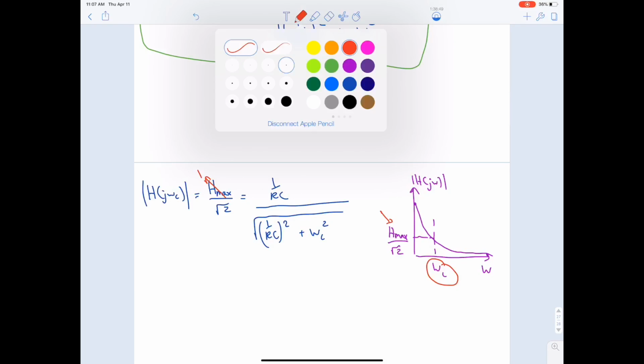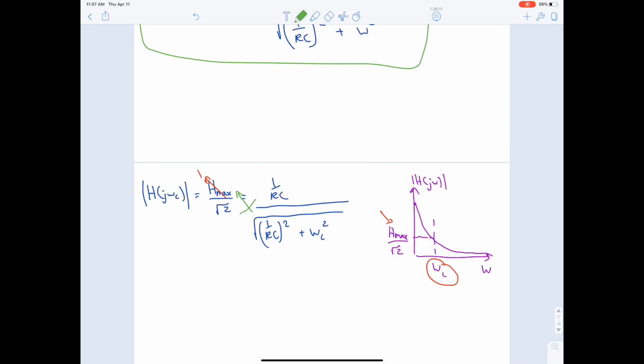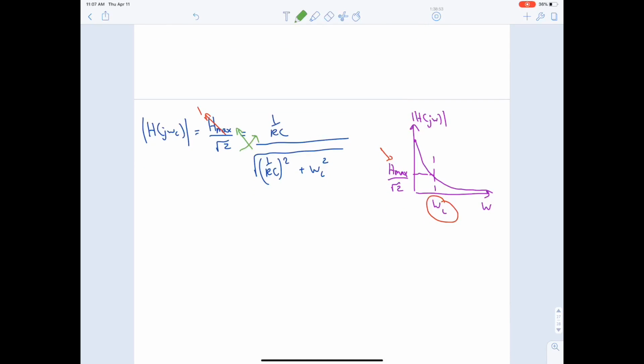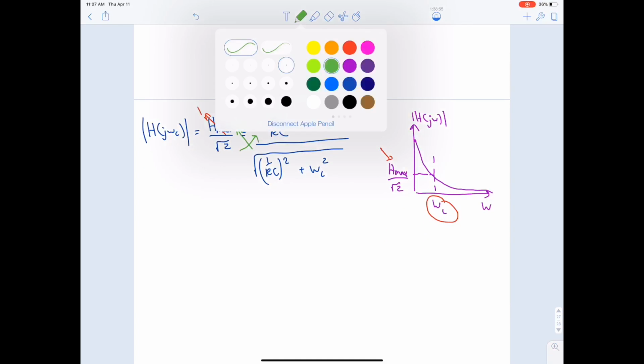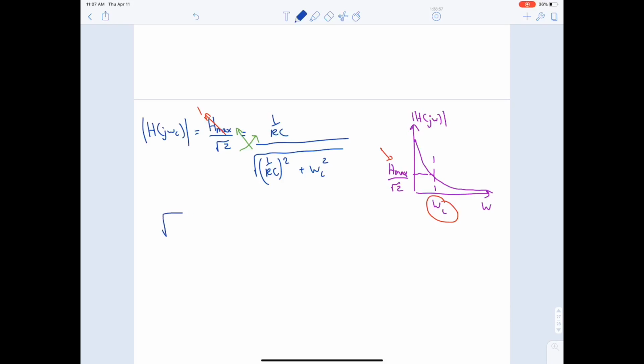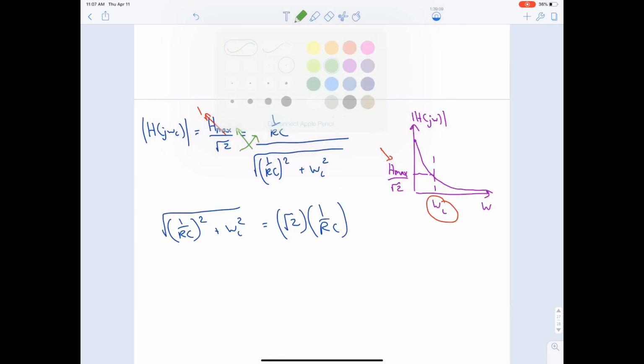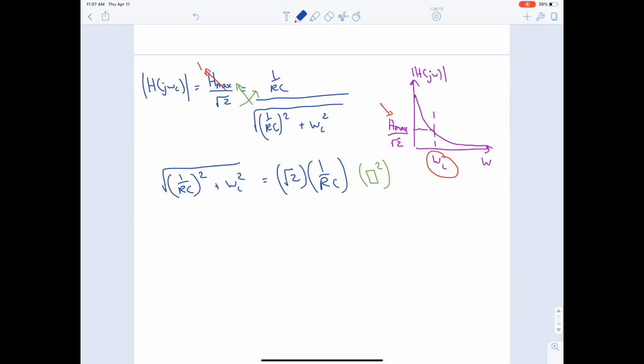Okay, and then we do cross multiplication, exactly the same steps. Okay, so this will give us the square root of 1 over RC squared plus omega C squared, which is equal to the square root of 2 multiplied by 1 over RC.